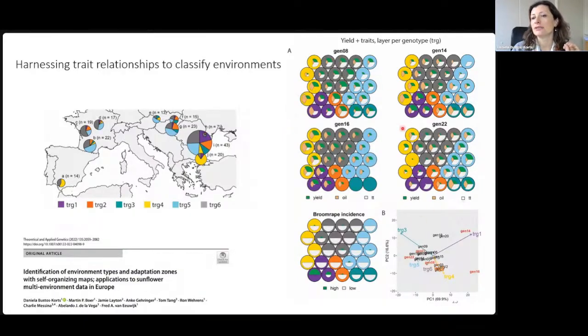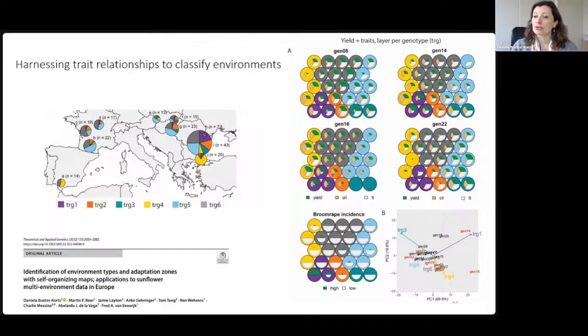For example, here we see genotype 22. Here we have three traits: yield, oil concentration, and thermal time to flowering. We saw that in general, genotype 22 was a late flowering genotype. Why? Because in all the environments that are represented by the circles, it has a large radius here. Whereas genotype 16, for example, has a small radius here, which means it is a very early genotype.